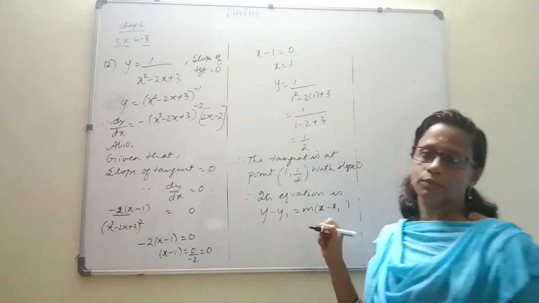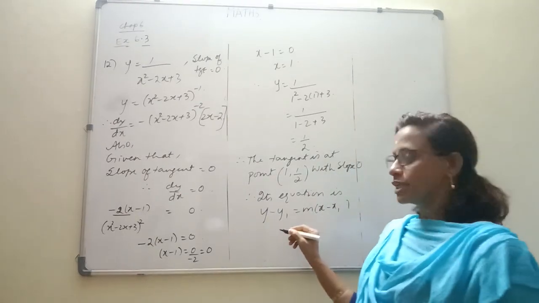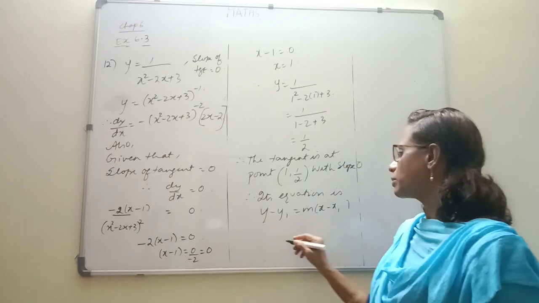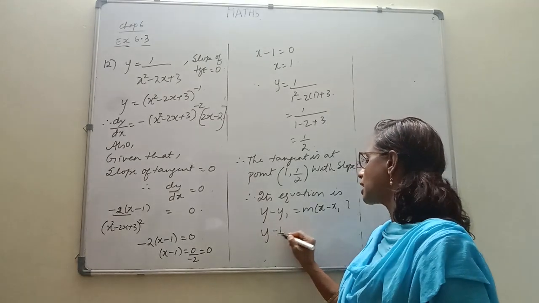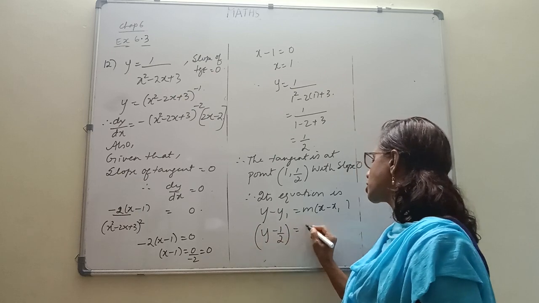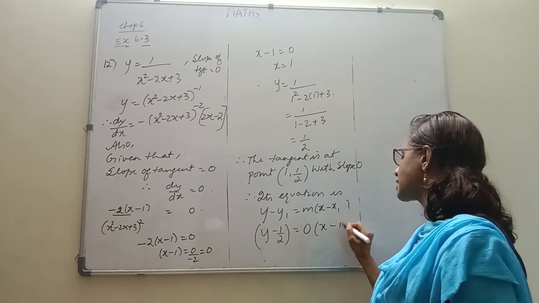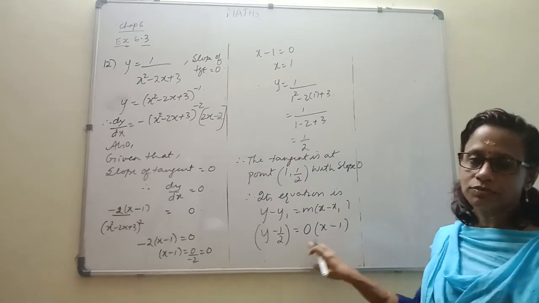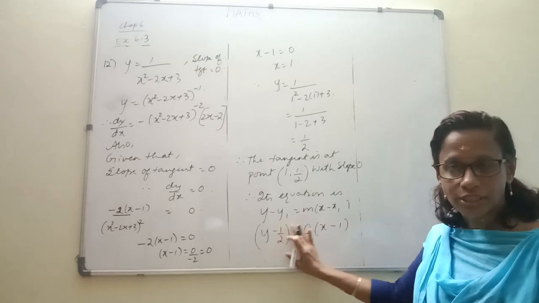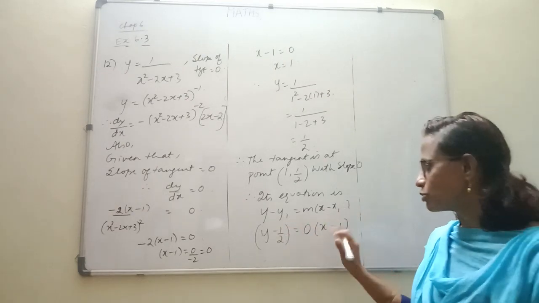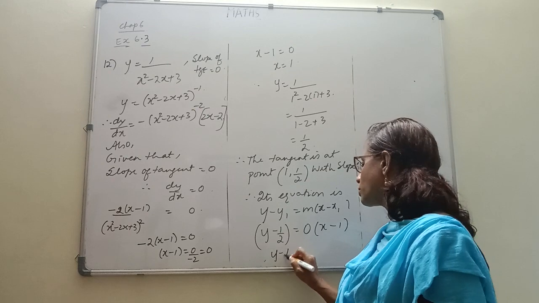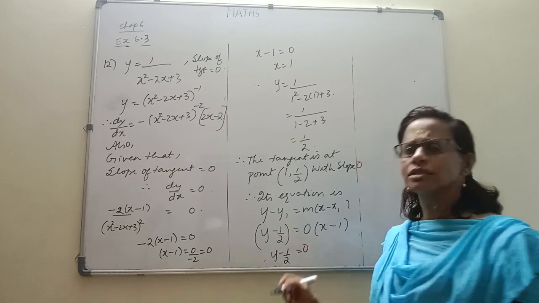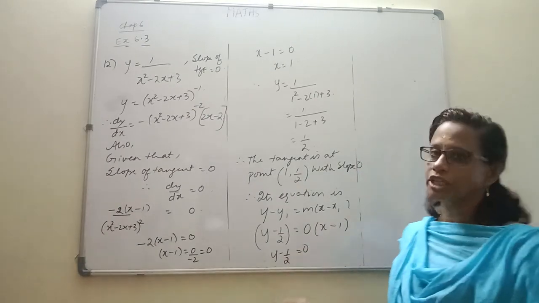So it will be y minus half equal to 0 times x minus 1. Now 0 times x minus 1, 0 into anything is 0, so you actually don't need to consider this side. You're getting y minus half equal to 0. That's the equation.